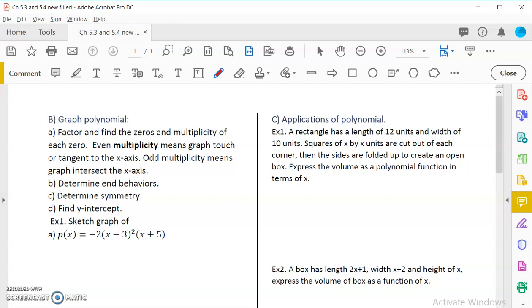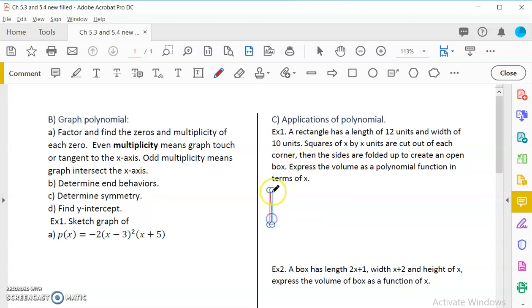So the two other questions that I want to go over are also applications of polynomial. Polynomials are usually obtained when you multiply binomials or polynomials together. So these are two common problems that we usually encounter. So it's a rectangular box. A rectangle has a length of 12 units and a width of 10 units.